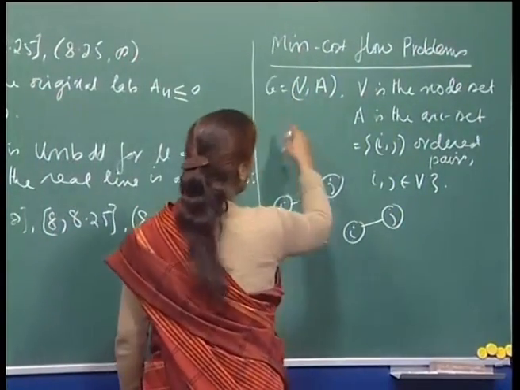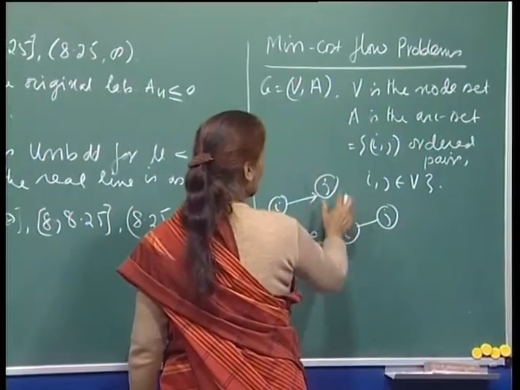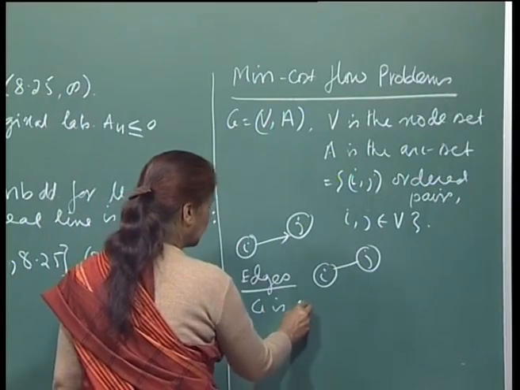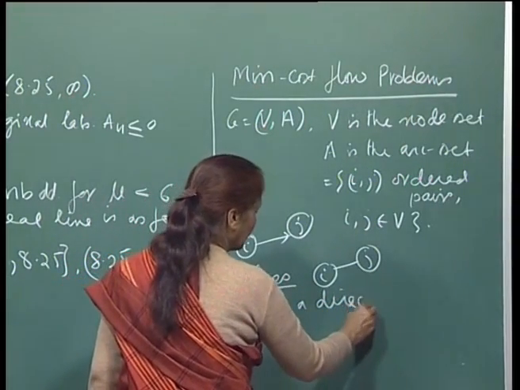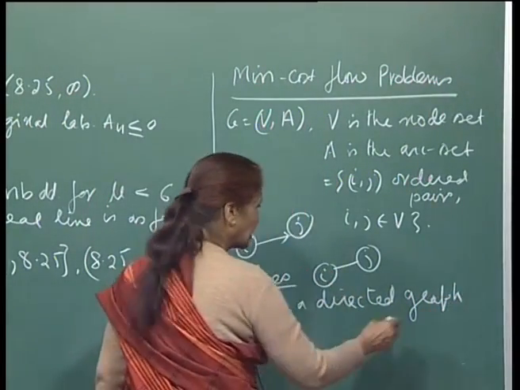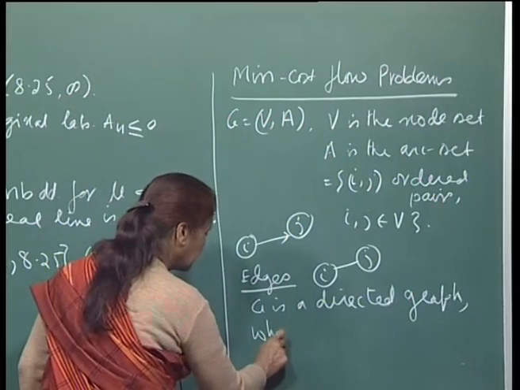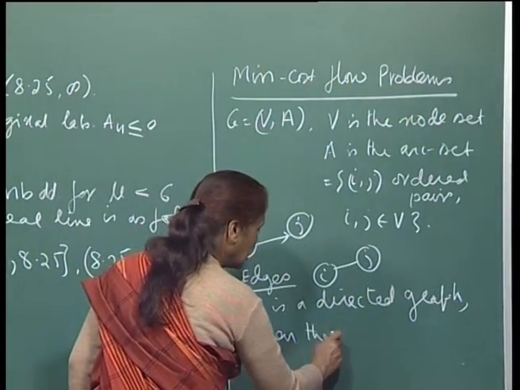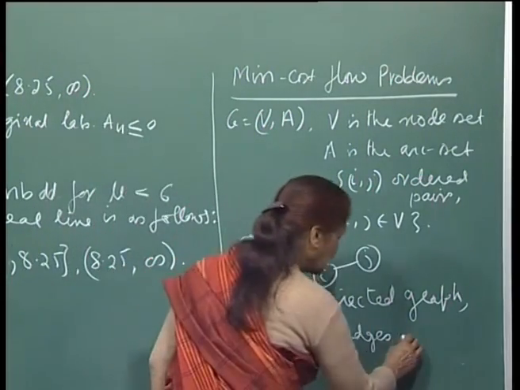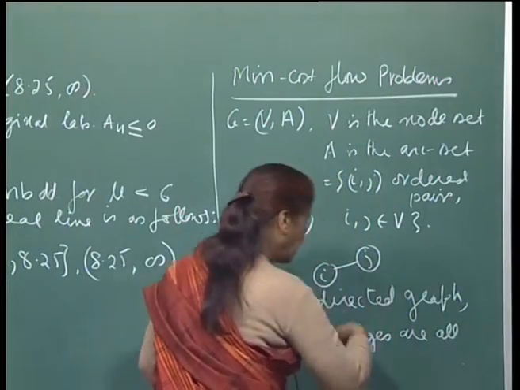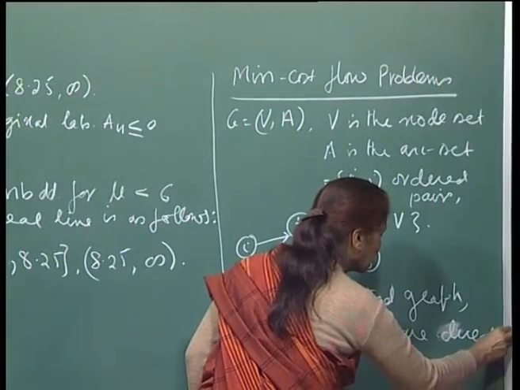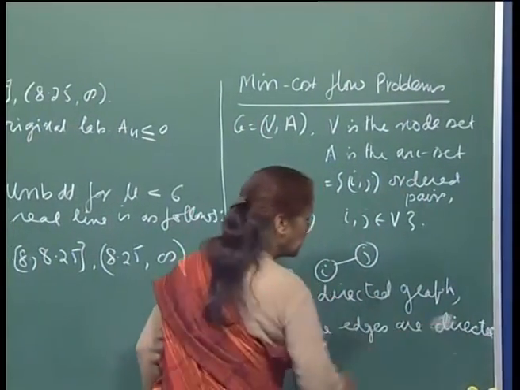So, anyway, usually when you have the direction set between all pairs of nodes, then you say that G is a directed graph, right. G is a directed graph when all the edges are directed. Okay, you can read it as directed.